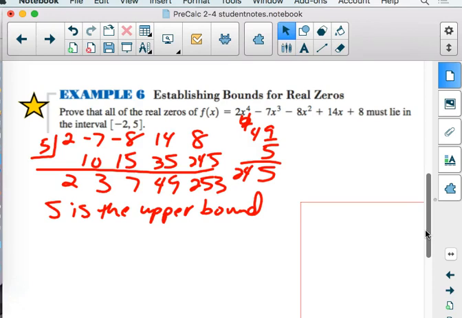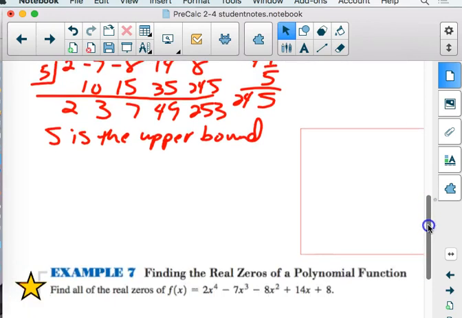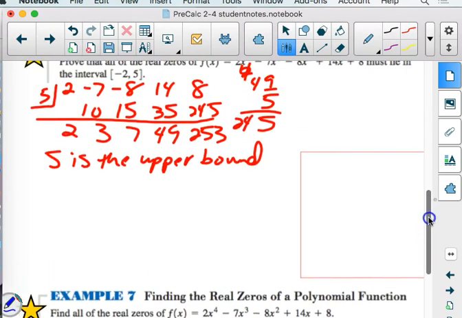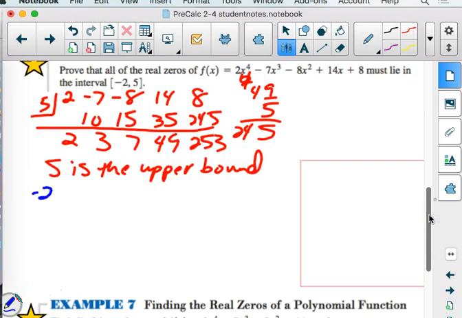All right, now I have to make sure that negative 2 is the lower bound. We use the same coefficients from before. 2, negative 7, negative 8, 14, and 8. And see what happens when we do synthetic. So outside the box, you multiply.